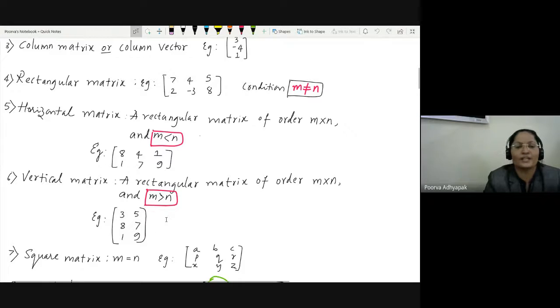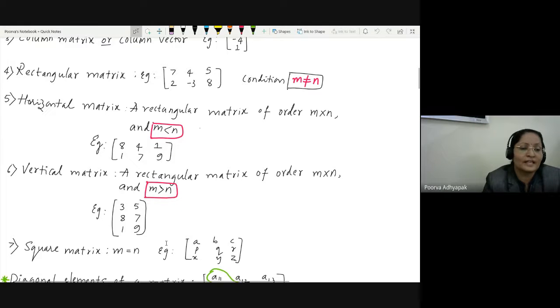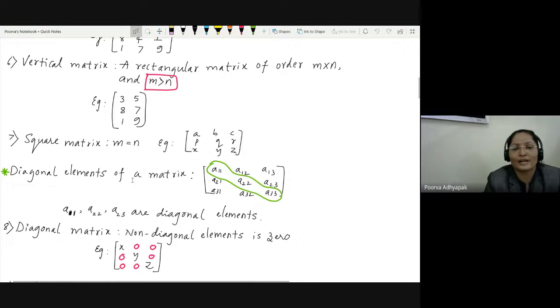So the must condition that m has to be greater than n is fulfilled. Coming to the next one, a square matrix. Here number of rows should be equal to number of columns. In this example, number of rows are 1, 2 and 3, whereas number of columns also is 1, 2 and 3. So m is equal to n.